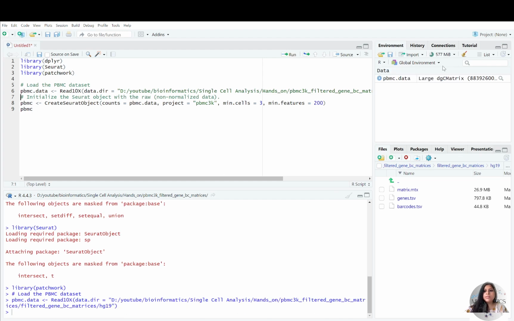And if you see our global environment, we have a dgCMatrix. It is a sparse matrix, right? So what do you mean by sparse matrix? Now, it is a very huge file. There are n number of genes and n number of cells. And in many data points, in many cells inside that, the value is 0.